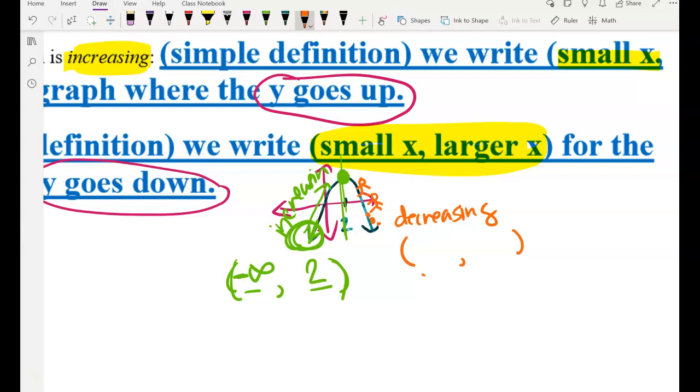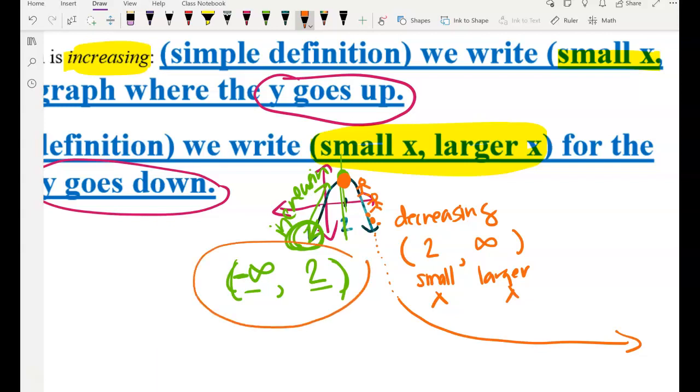It's some smaller x, comma, larger x, okay? So when we write it, well, it starts at 2. But where does it stop decreasing? Well, this arrow keeps going to the right forever, and we say infinity. So decreasing for this example that we just made up is from 2 to infinity. Now increasing is from negative infinity to 2.